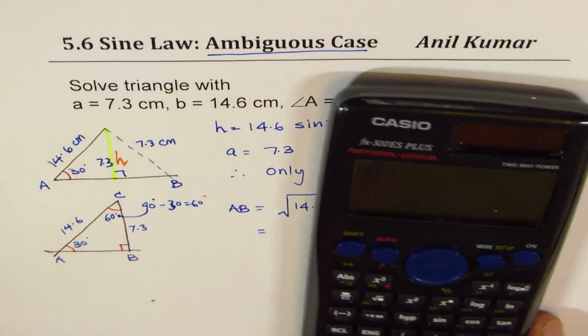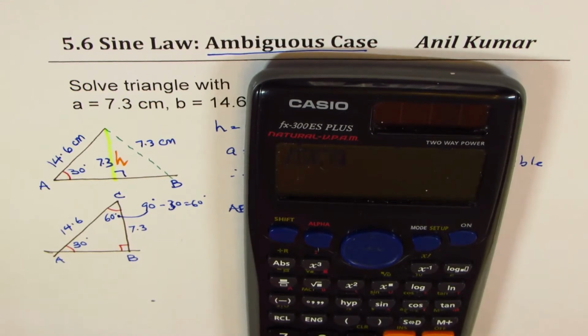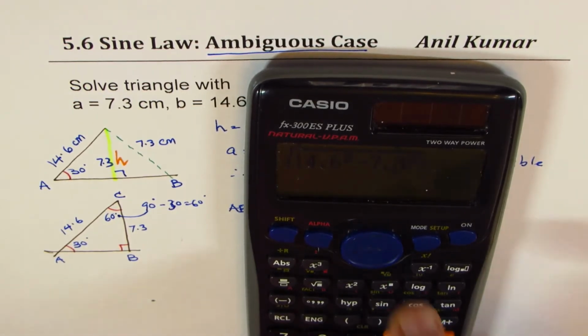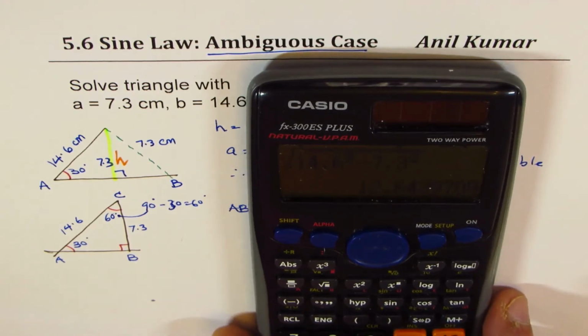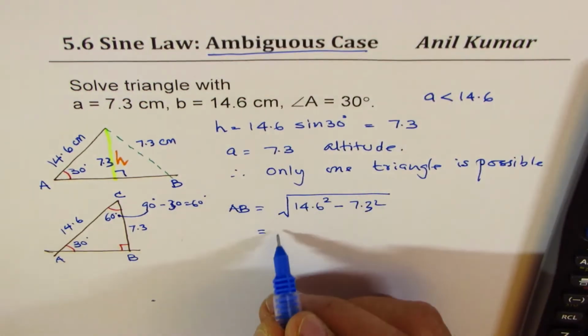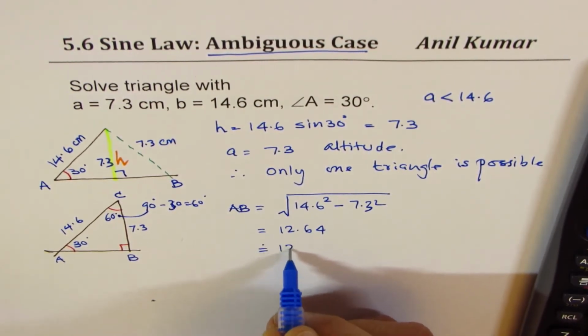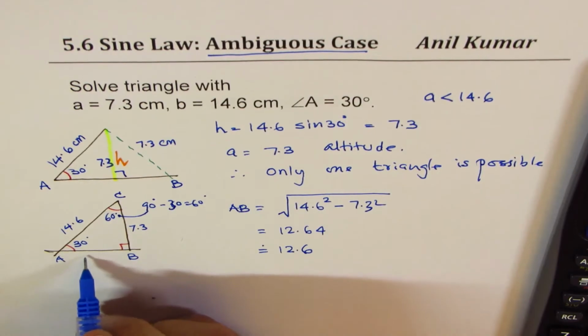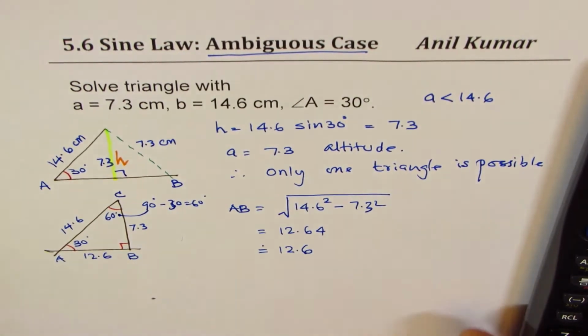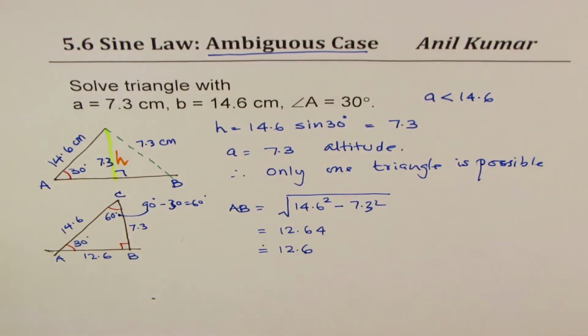So we have the square root of 14.6 squared minus 7.3 squared, and that is equal to, let's write the decimal value, 12.64. Let's round it to one decimal place, 12.6. So this becomes 12.6. And now we know our triangle in detail, correct? So it's a right angle triangle.